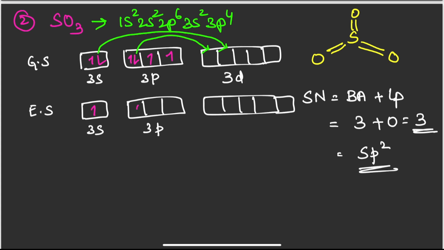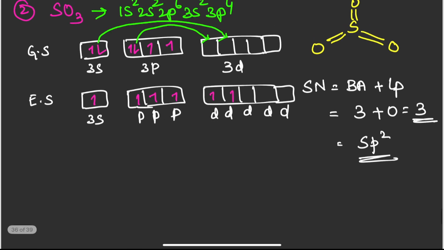One electron here, one electron here, one electron here. So all these are d orbitals, and these are the 3p orbitals.